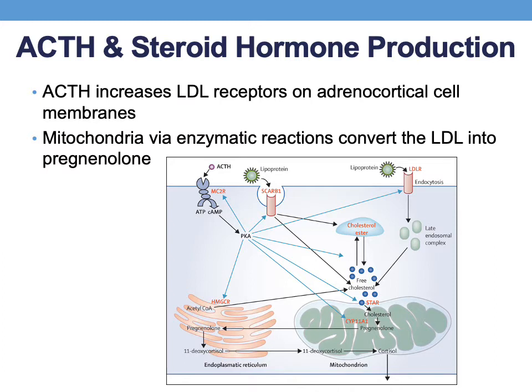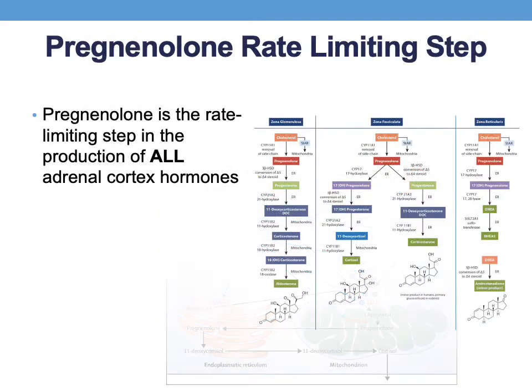The ACTH gives the adrenal cortex cell the ability to take up a whole lot of low-density lipoproteins. The mitochondria, via enzymatic reactions, will convert this into pregnenolone. Pregnenolone is the rate-limiting step in the production of all adrenal cortex hormones.